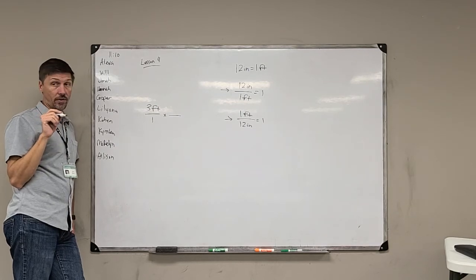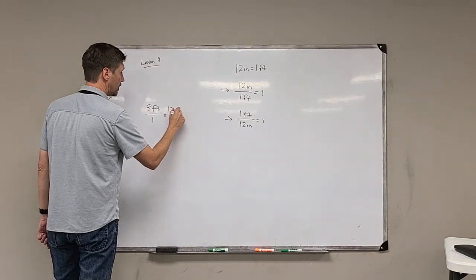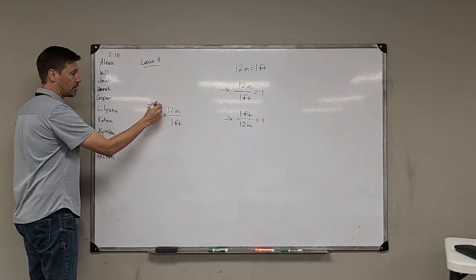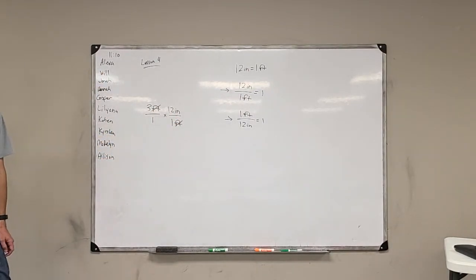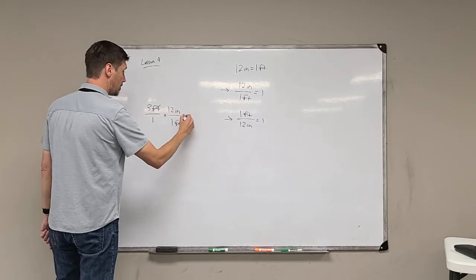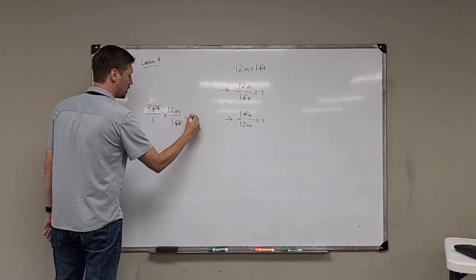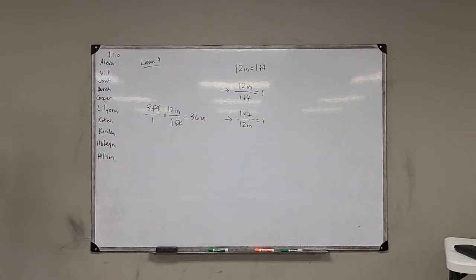So the first one actually would make it possible for us to do that. Do you guys see that? If I write it like this, I have feet on the top here and feet on the bottom here, and they cancel out, and I'm left with inches up here in my numerator. 3 times 12 is 36, and the unit is inches. So that's how I would use the unit multiplier.